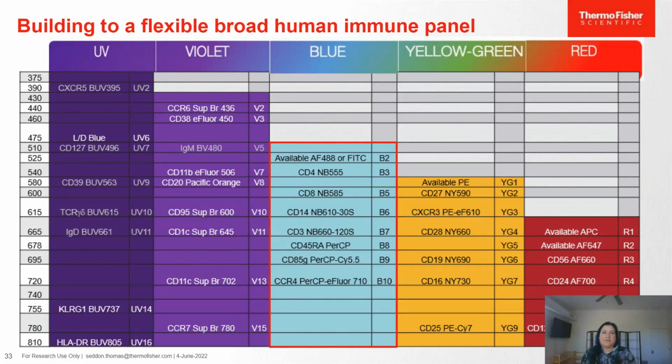And then looking at other markers like a monocyte marker, and separating those out. So I'm trying to look at different cell types so that you're dealing less with the issues of spread into these channels. And then again, as I mentioned, leaving these spots available to continue to build.